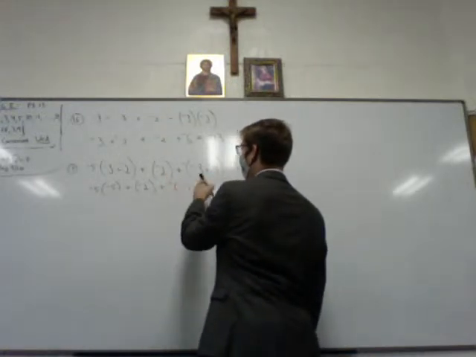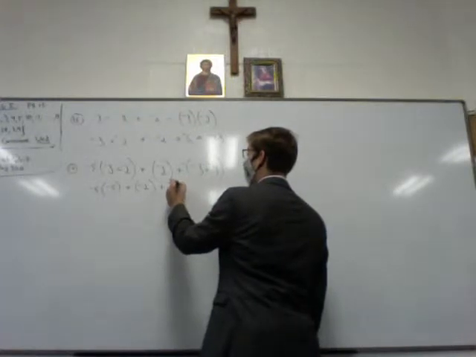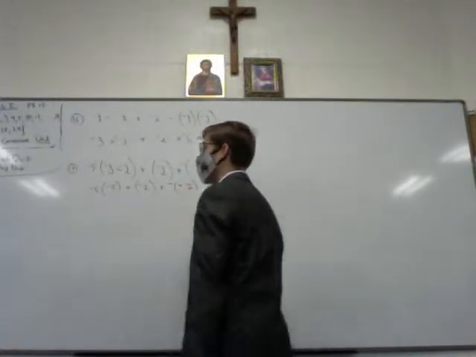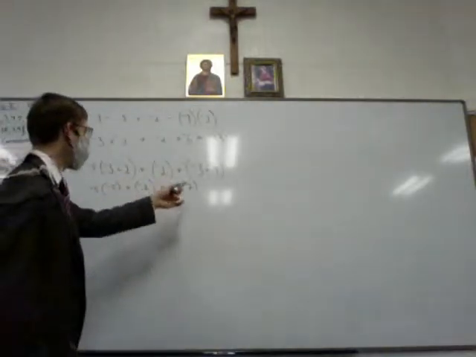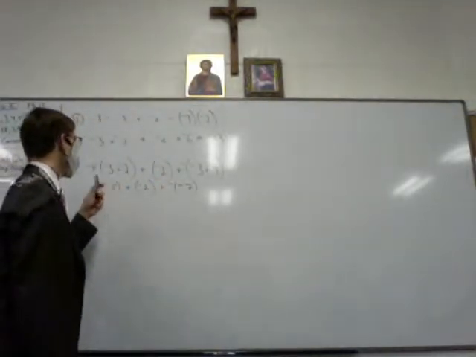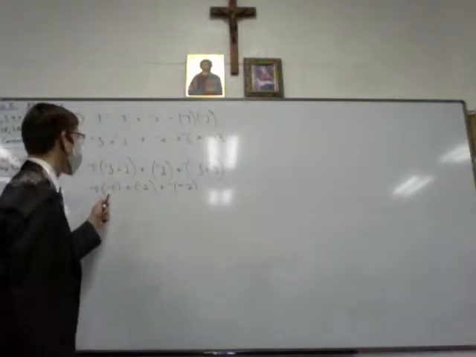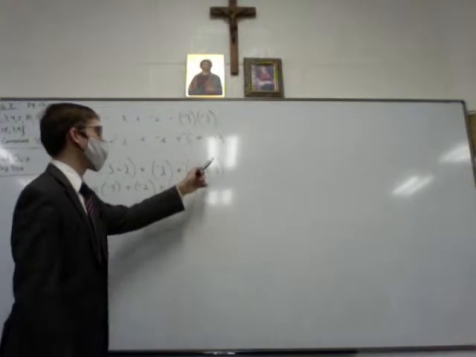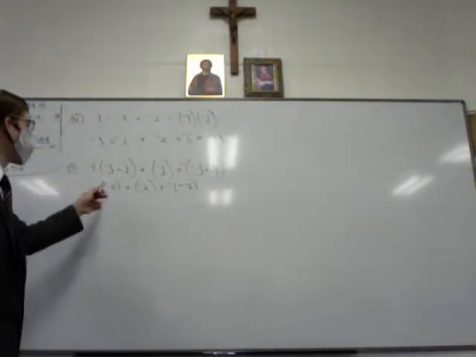Over here, you add -3 and -4 to get -7. Notice how I copied everything directly from above. The only difference is that instead of -3 plus -2 inside the parentheses, I wrote -5, and instead of -3 plus -4, I wrote -7. All the rest of my negative signs stayed there.